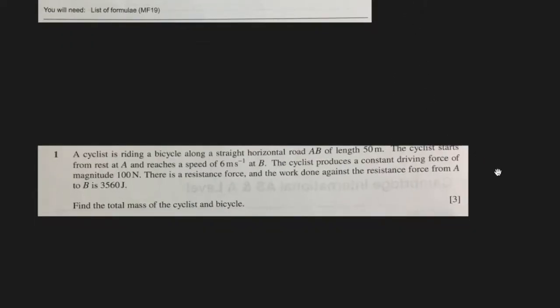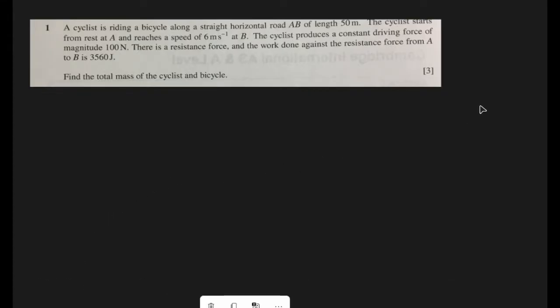Okay, let's move on to question number 1 straight away. A cyclist is riding a bicycle along a straight horizontal road AB of length 50 meters. So let's draw this. This is A, this is B, and the length is 50 meters.